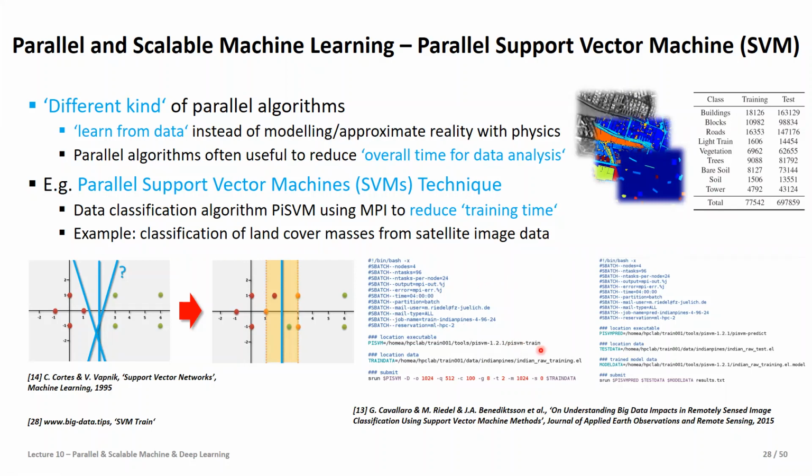Then we have a PSVM train, which uses MPI underneath, with the training data set, and using here some parameters which are not so important now for you to understand. Some of them are kernel parameters, meaning G is referring to the RBF kernel in support vector machines. And here C of 100 just tells you how much error you should allow. You can also allow some error, even if you train.